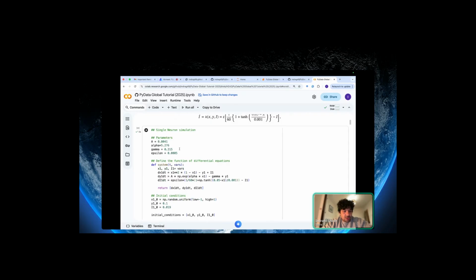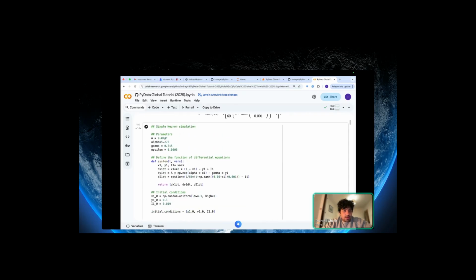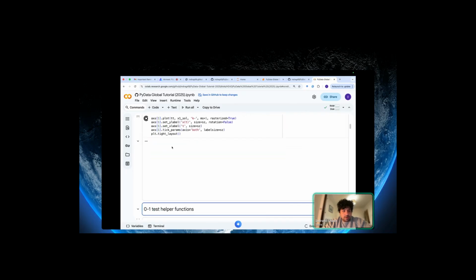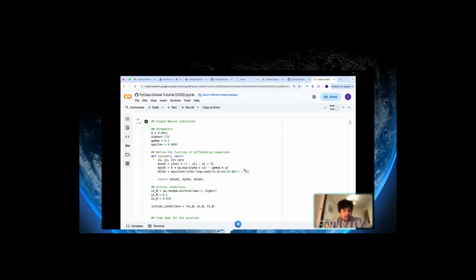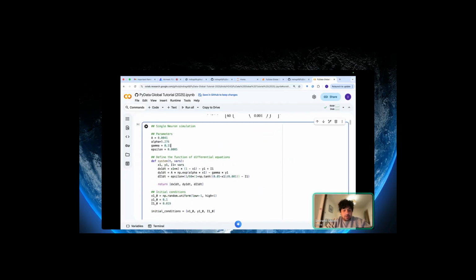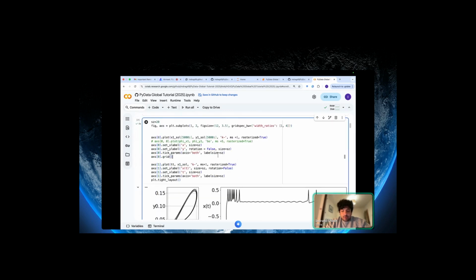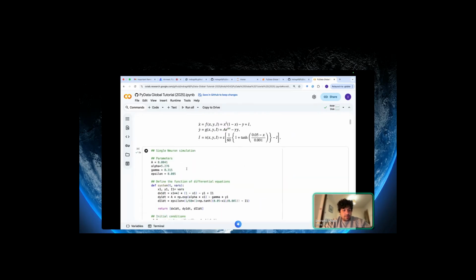You can also change certain parameters or the initial conditions if you want. For example, you can make gamma 0.3. It's done, and it gives a different behavior. Let's make it 0.315. You can change the epsilon as well. It's done, and it gives very different behavior than what you saw.